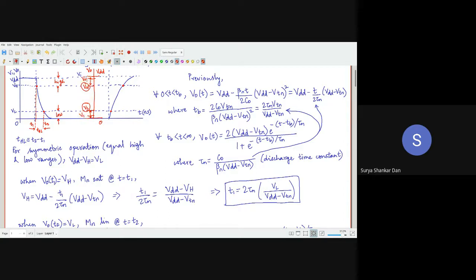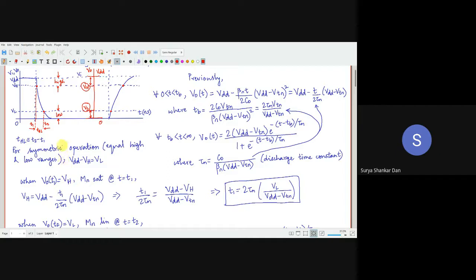Sorry, this is VOH, this is VOL. I am trying to correlate the noise margin curve with respect to the switching. VOH will be very close to VDD and VOL will be very close to zero. So this VL and VH is something which we, the engineers, will decide. So we remove this VOL and VOH.